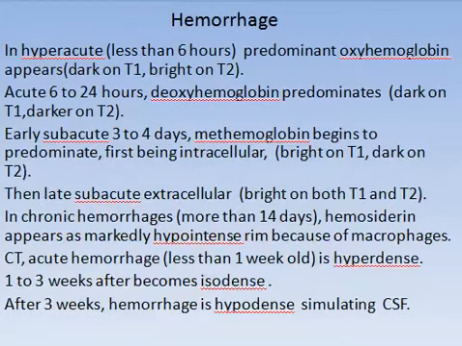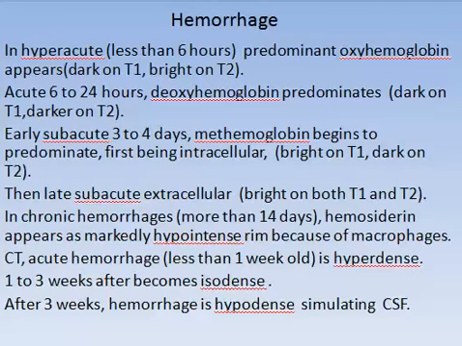In hyperacute, which is less than 6 hours, we have predominant oxyhemoglobin, and thus it appears dark on T1 and bright on T2. In the acute, which is 6 to 24 hours, deoxyhemoglobin predominates, dark on T1 and darker on T2. In early subacute, which is 3 to 4 days, methemoglobin begins to predominate, first being intracellular, appearing as bright T1, dark T2.